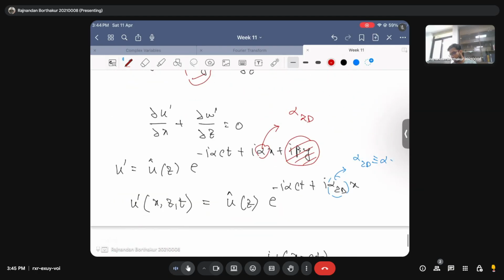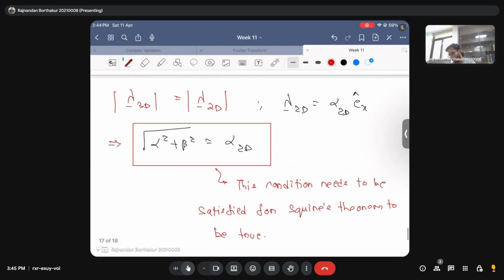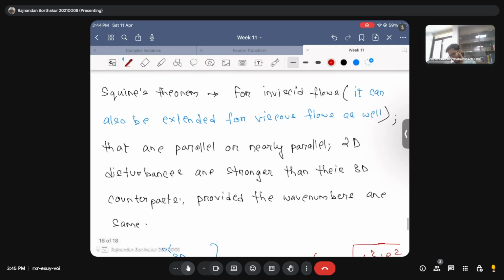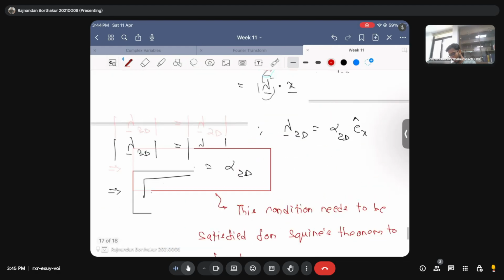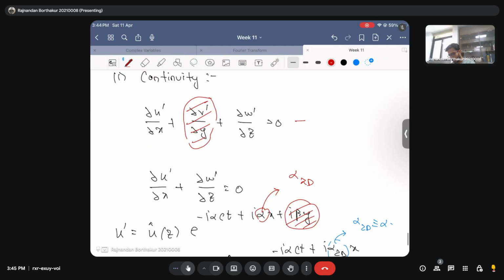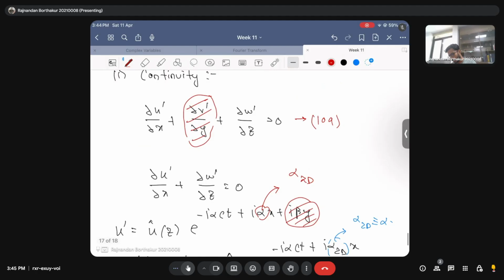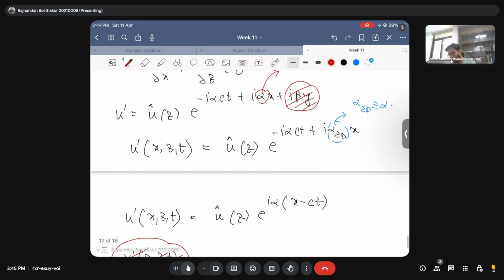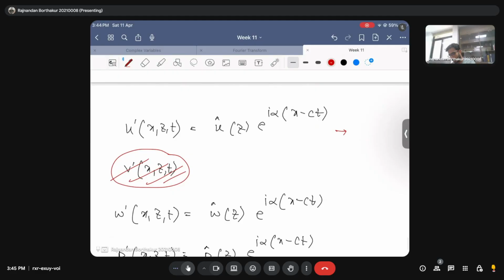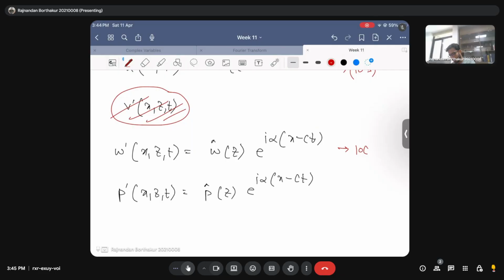So this continuity equation in 2D, I'll name it as some 10A, and then these normal modes in 2D, I'll name it as 10B, 10C, and 10D.